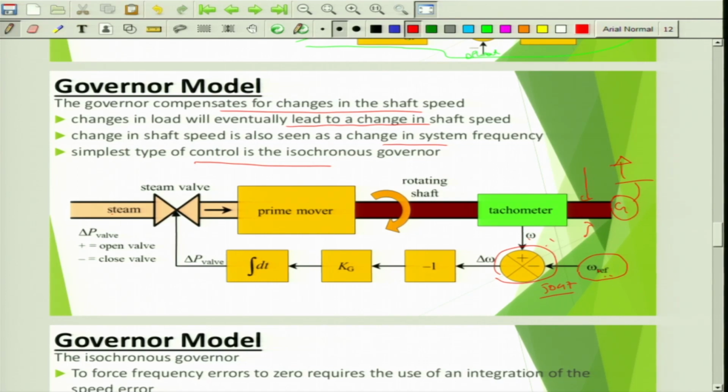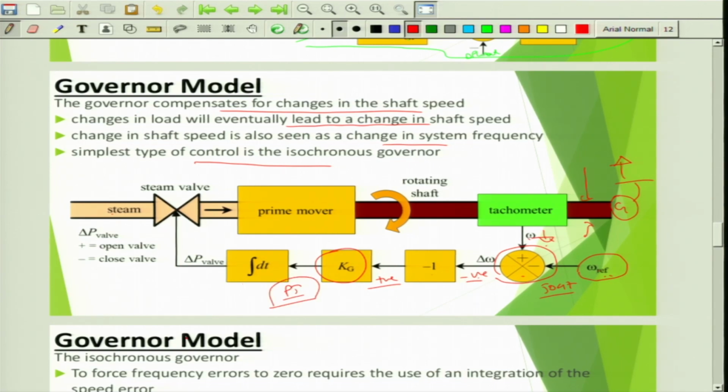There is a difference, and this is omega minus omega reference because speed is decreasing. So this output is negative basically, and you again multiply by negative, that means it is positive here, right. There is a gain just to increase the control action. So basically this is a PI controller, there is an integral controller.